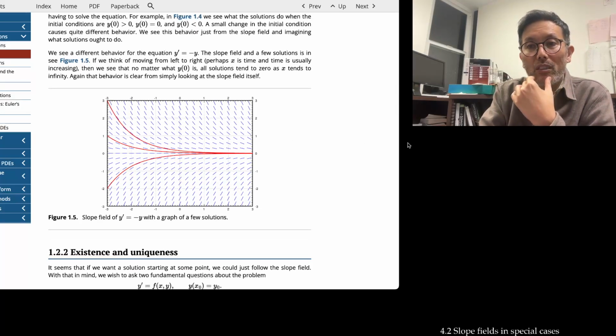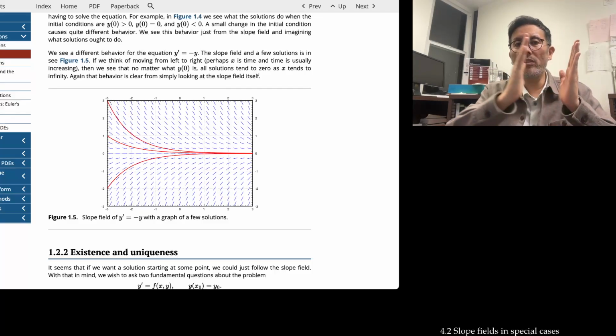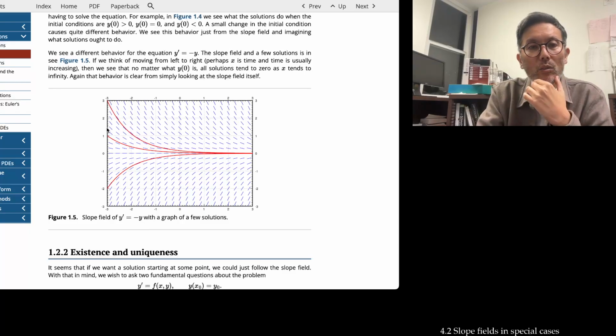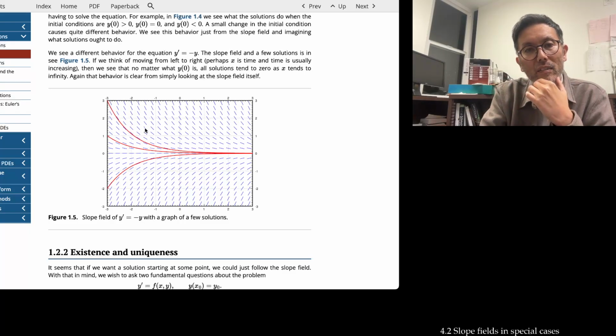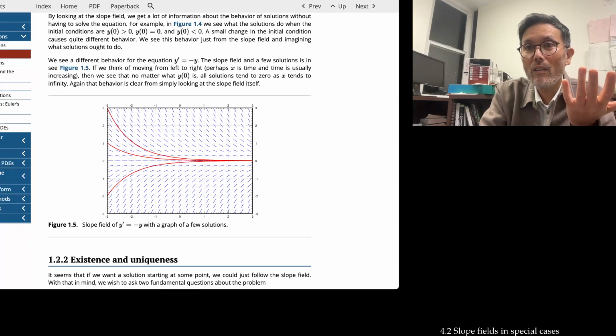Do you notice in particular that this slope field is, I'm going to say the technical word, horizontally invariant, meaning that as you look at horizontal lines in the plane here, do you see that all of the slopes of the line segments in this slope field are in fact equal?